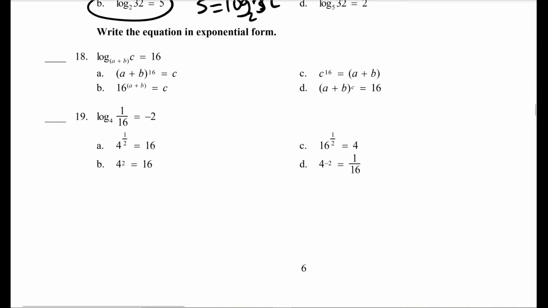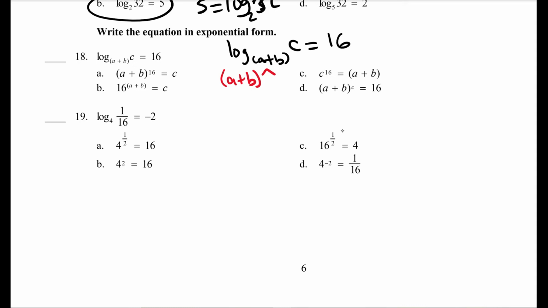All right, so if we want to do the reverse and convert it to the exponential form, we have to take the base of the log into account. In order to get rid of this log, I need to use an exponential. So I need to exponentiate both sides. Now in this example, the base of the log is a plus b, and we're doing the log of c, and that equals 16. So we take the base of the log and use that as the base to our exponential.